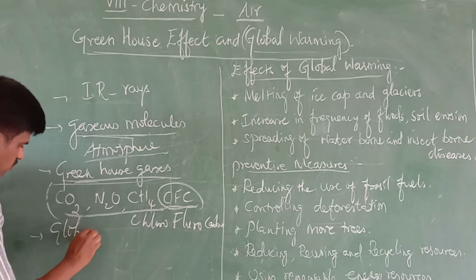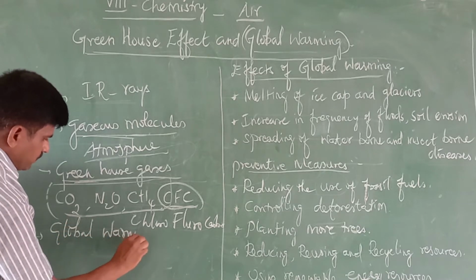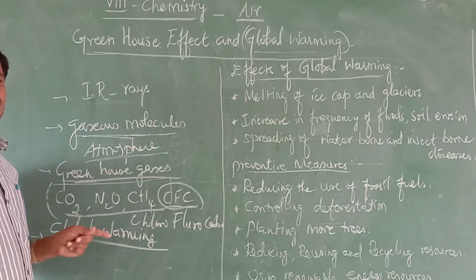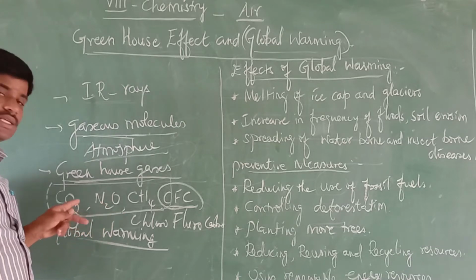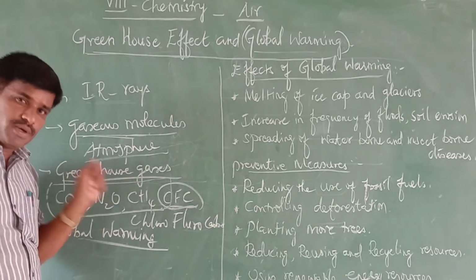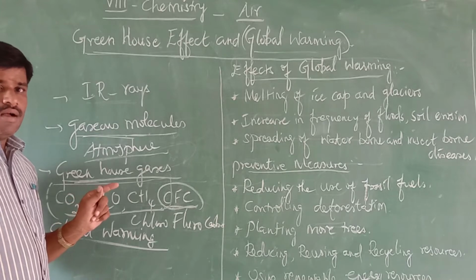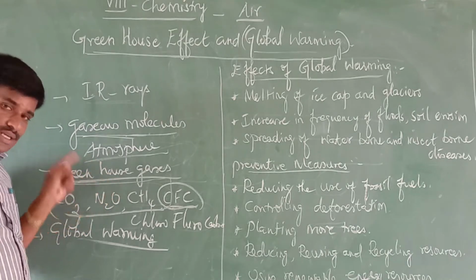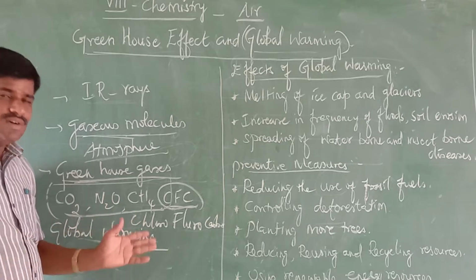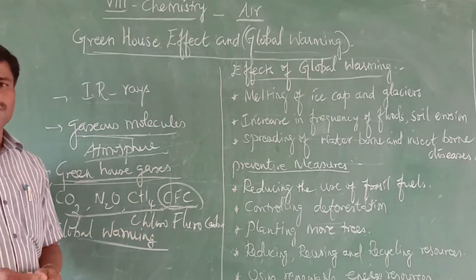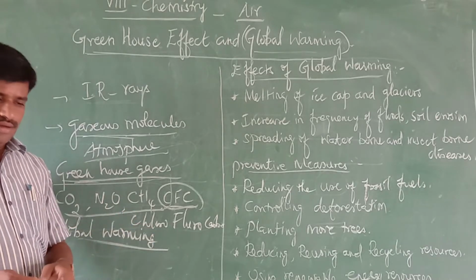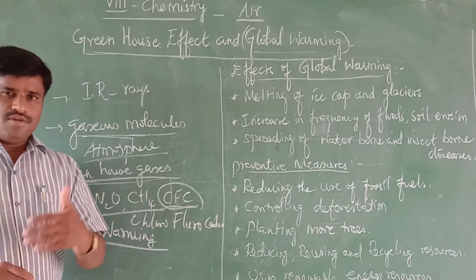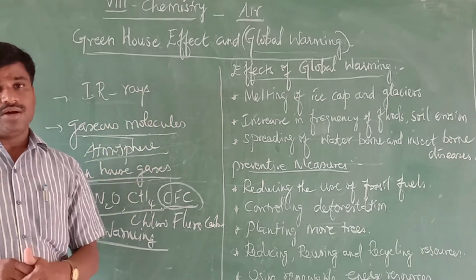What is global warming? It is the increasing level of the gases present in the atmosphere. How do these gases increase? Some activities are done by human beings. We are using fossil fuels. Even the factories are releasing some amount of wastes.